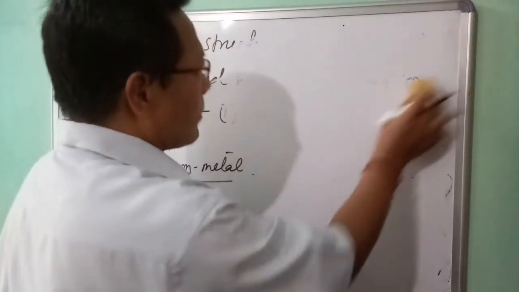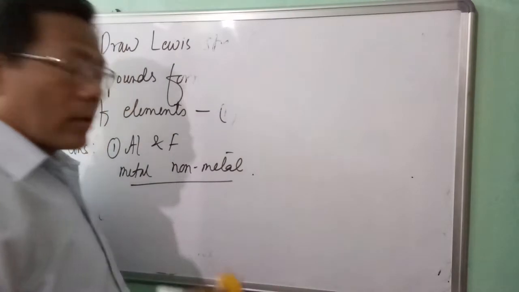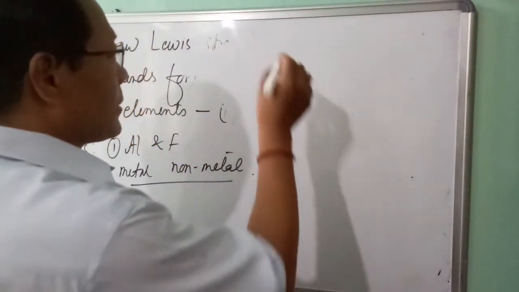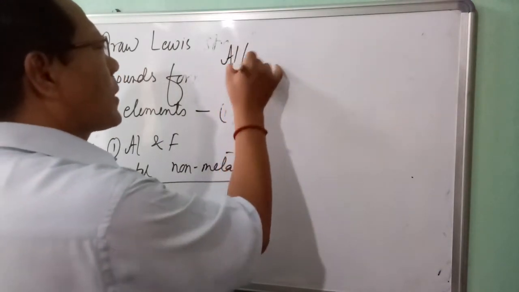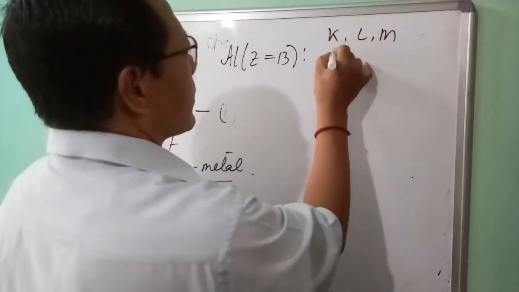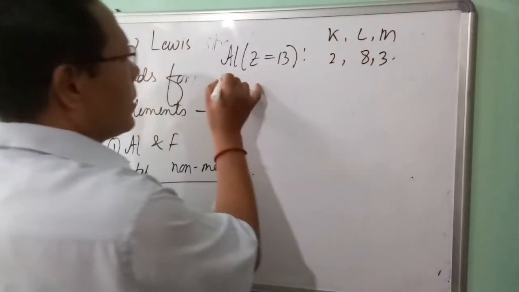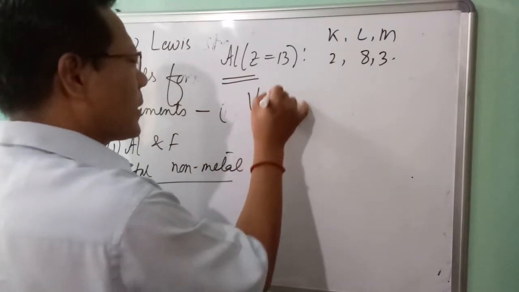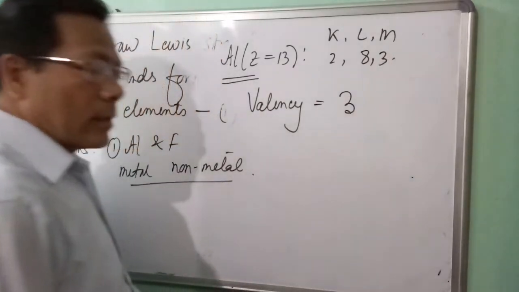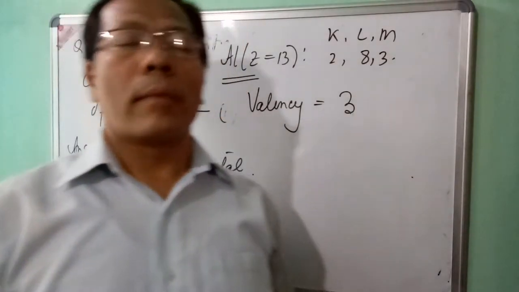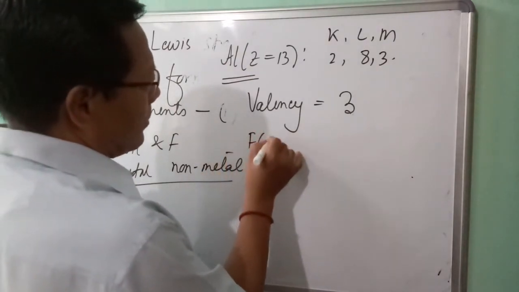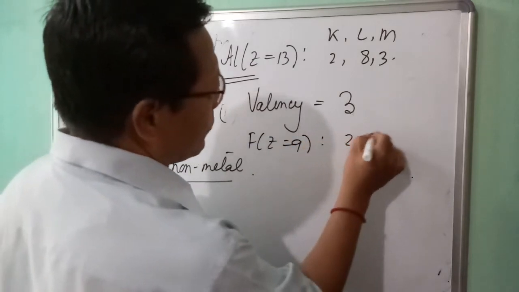Then we balance the valency by crossing. For that you have to write the electronic configuration. The atomic number of aluminum is 13, so the electronic configuration is 2, 8, 3. Aluminum is a metal, so its valency is given by the number of valence electrons. For fluorine, the atomic number is 9, so the configuration is 2, 7.